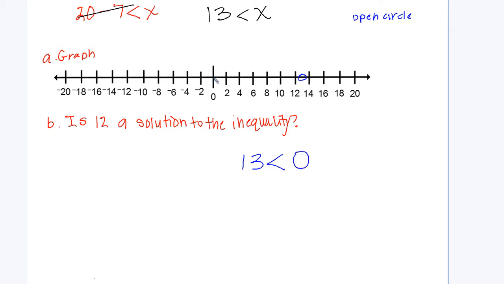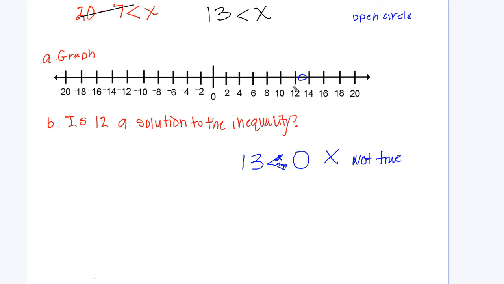Is this true? Would the alligator be going after the 0? No, it's not true. He wouldn't, because he always wants more, and 13 is smaller than 0, so he would not be going after the 0. So that's not true.